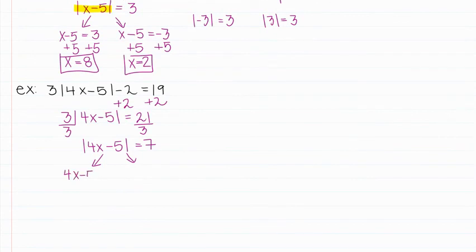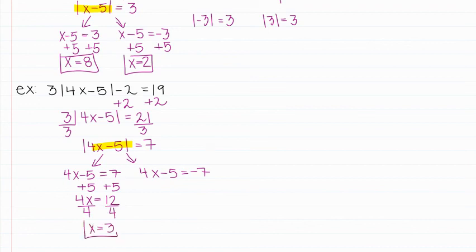So one of the equations will be 4x minus 5 equals 7, and the other equation will be 4x minus 5 equals -7. So we're saying that this piece, or whatever is inside here, can either be positive or negative, and we'll still get 7. And then you solve both equations. So we add 5, and you would get 7 plus 5, which is 12, and we divide by 4, and we get 3.